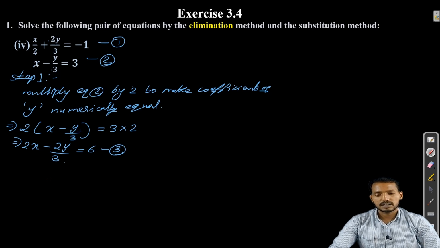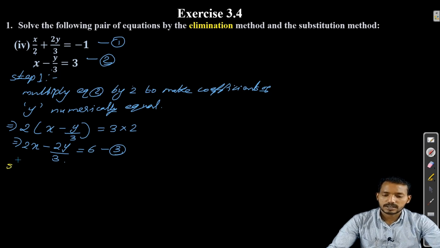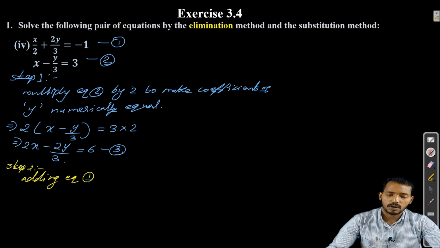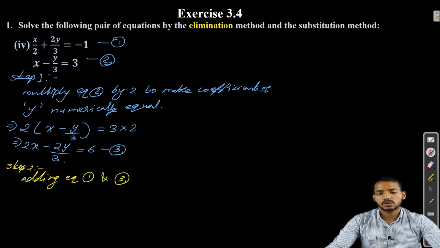Now we proceed with step 2. So in step 2, adding equation 1 and 3. Not 2 and 3, okay. 2 is modified into 3. So we are not supposed to add 2 and 3, sorry, add 1 and 3.